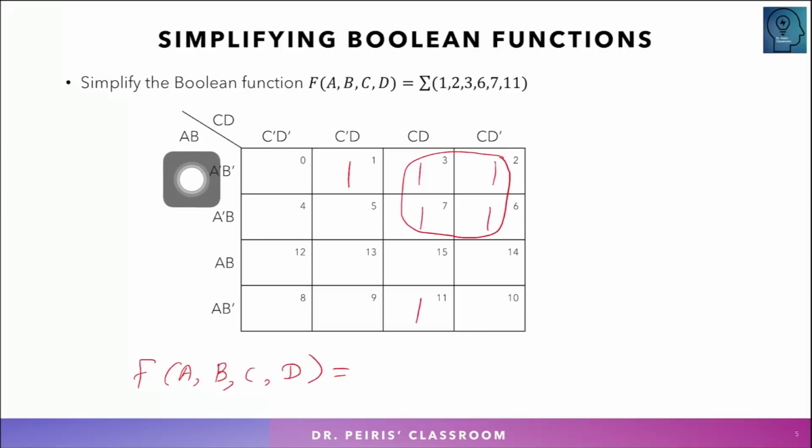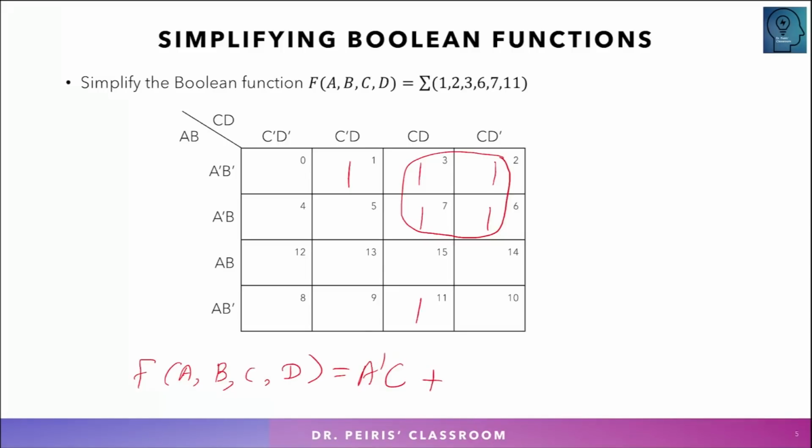So the only common variable for these 2 rows is a prime. I'm going to have that literal, as well as what is common on this side. It is c and c for both columns, which means c is common, but the d and d prime are different. So the only common variable is c: a prime c.